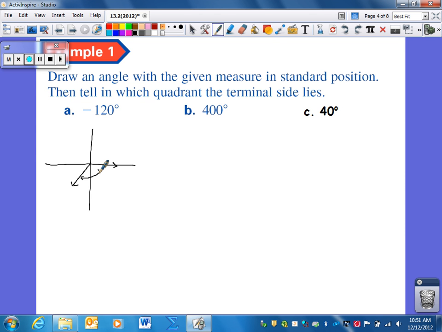400 degrees. It's the same thing as 40. Again, you have to go through, though, and say 400 degrees. I got to go a full circle. There's 360. And then I got to go to another 40.